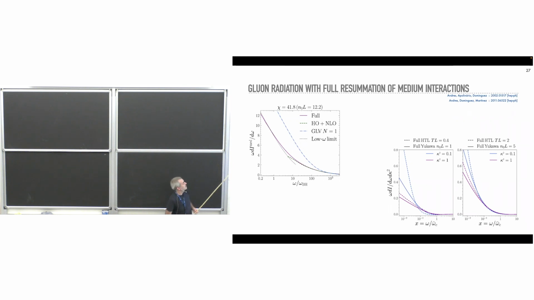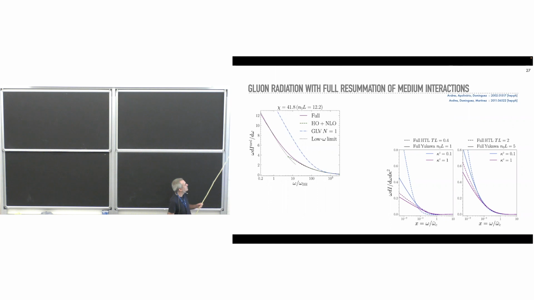Okay. Now there is another line here called harmonic oscillator plus NLO. Okay, people like to come up with names. So what is this? This is from the competitors of this paper. So it's the so-called improved opacity expansion, which is something rather clever that does opacity expansion on top of the harmonic oscillator solution.